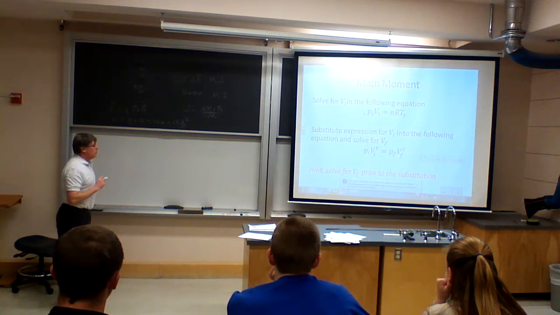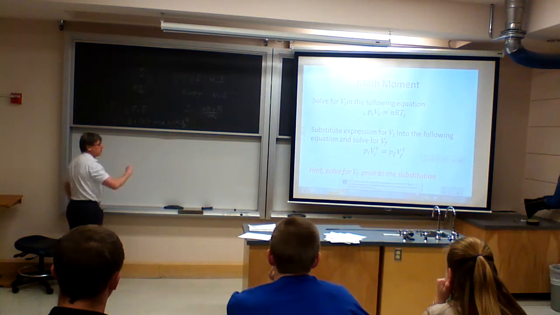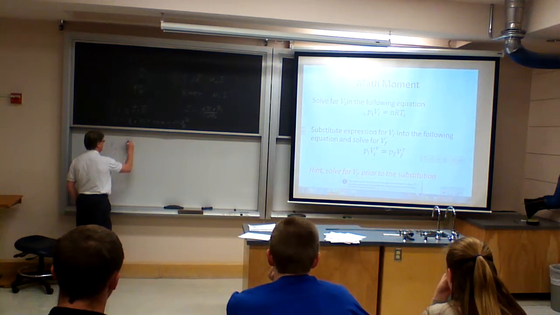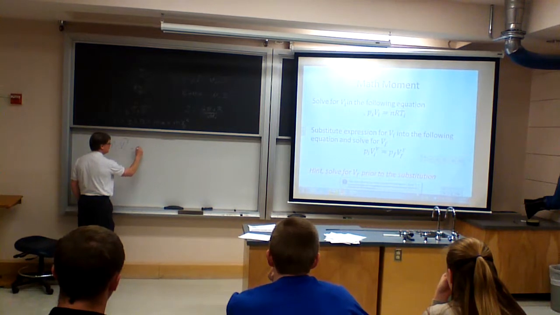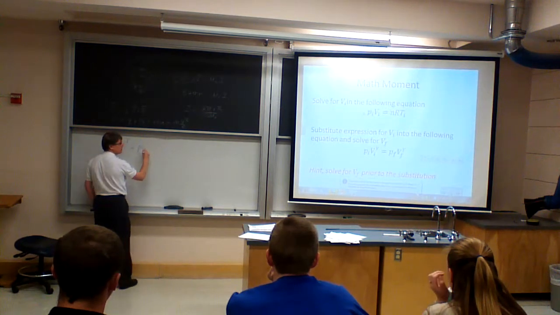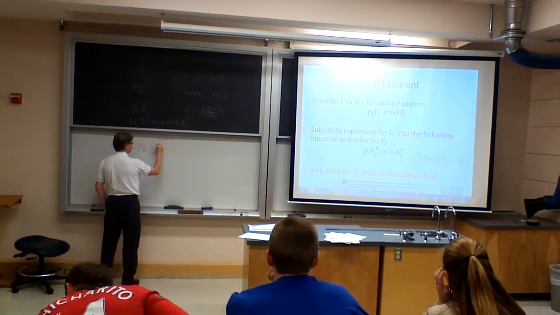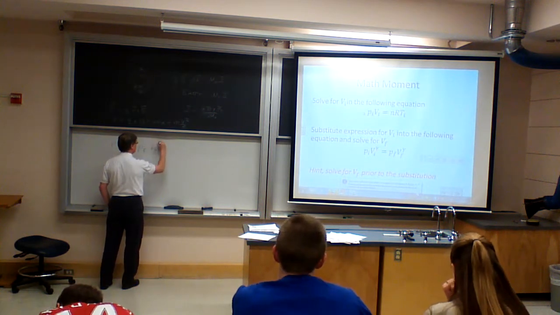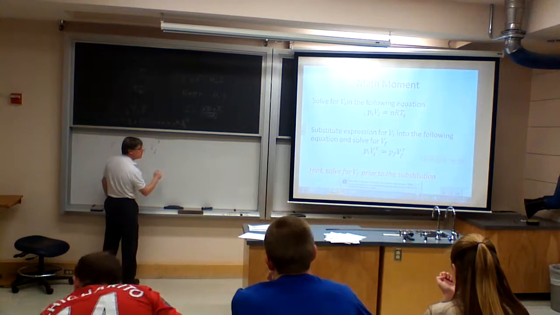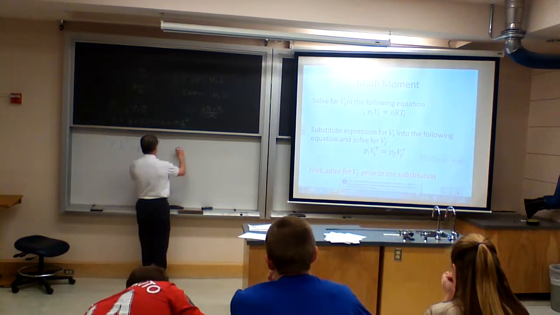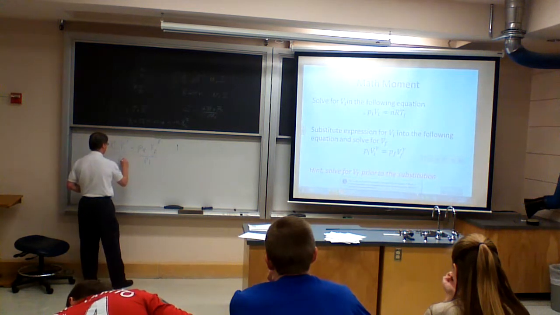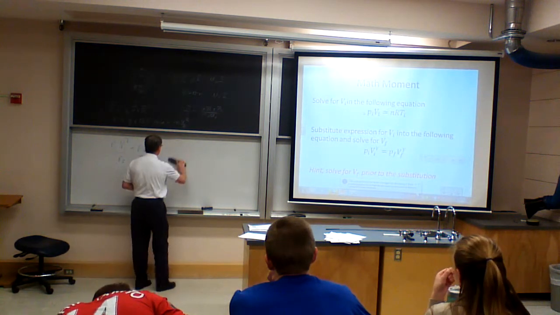So let's just go ahead and solve for V final in this equation down here. We have P initial, V initial to the gamma, equals P final times V final to the gamma. And I want to solve for V final. So let's first divide both sides by P final. Rearrange it a little bit.